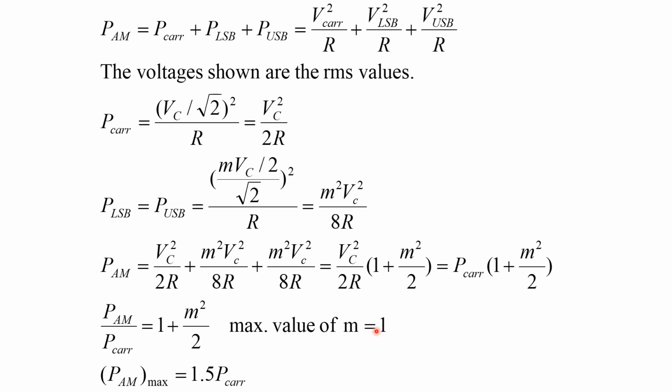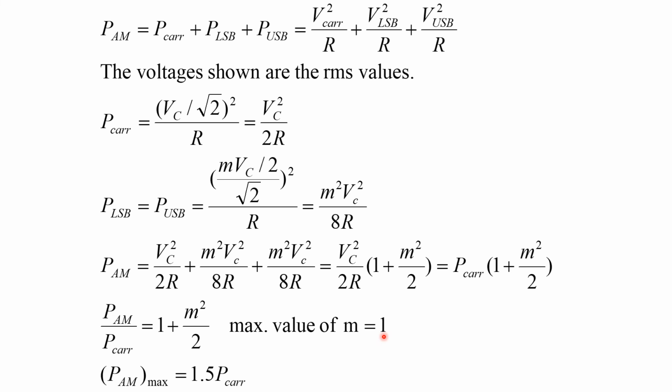Now the maximum value of m is 100%, because if we take m greater than 1, then it will cause distortion in the wave. So the maximum value allowed for the propagation of signal in amplitude modulation is m equal to 1.